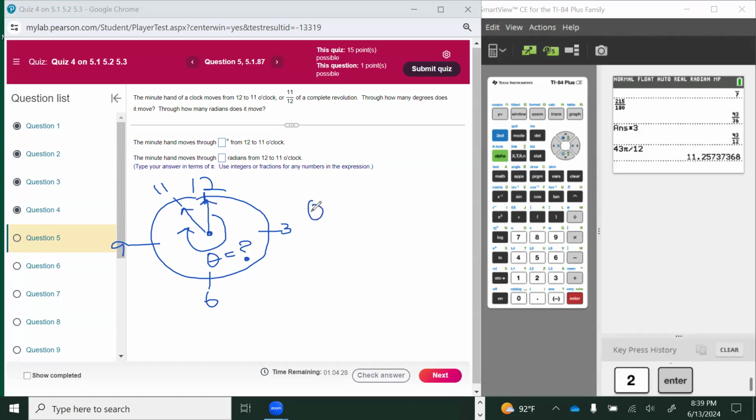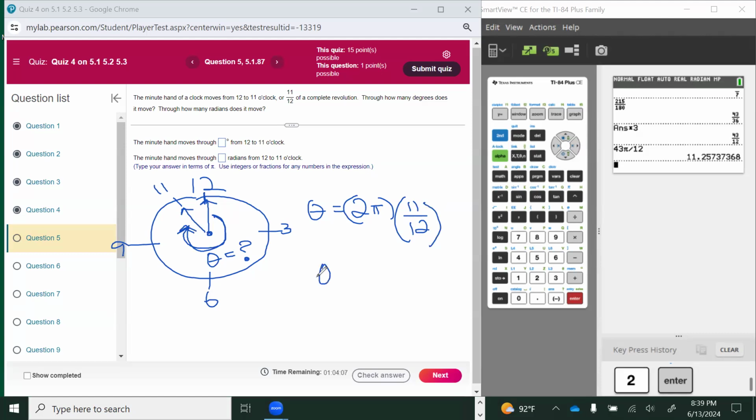Okay, so to do that, the whole way is 2 pi, and we're going to multiply by 11 out of 12 because it's only moving about 11/12ths of the way, right? Because the whole clock is in 12 parts, and your angle is only moving 11/12ths.